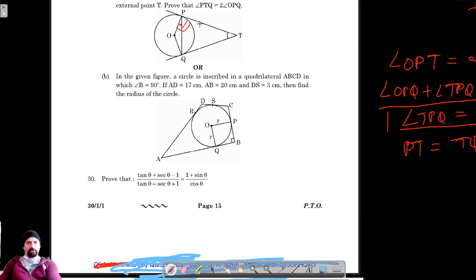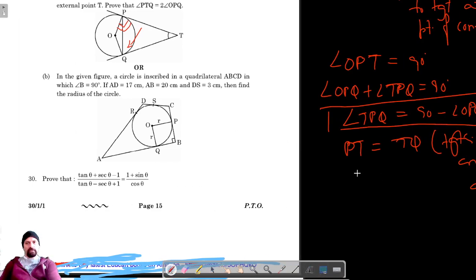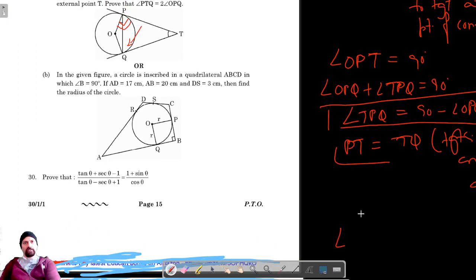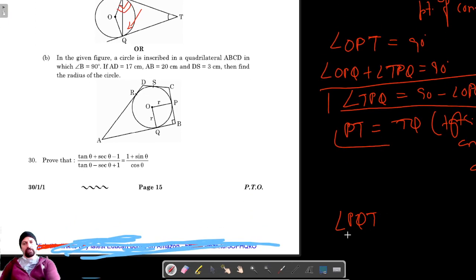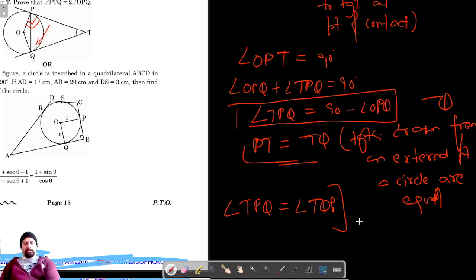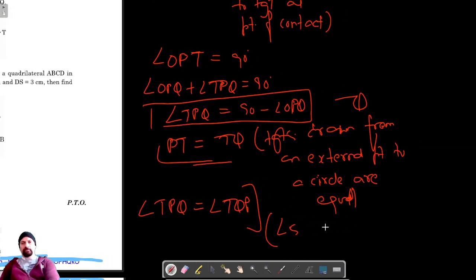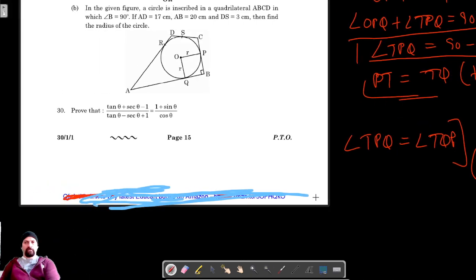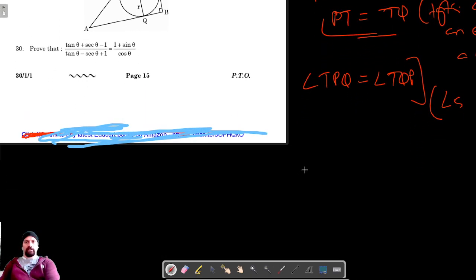So in triangle PTQ, if these tangents are equal, that means angle TPQ is equal to angle TQP, because angles opposite to equal sides are equal. So let's use the angle sum property in this triangle.